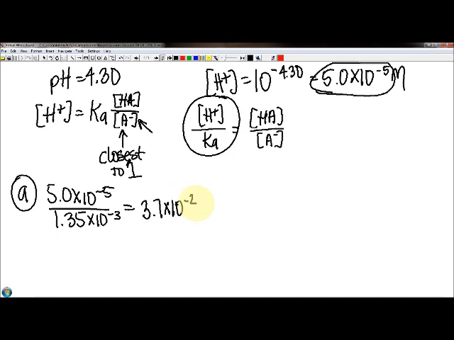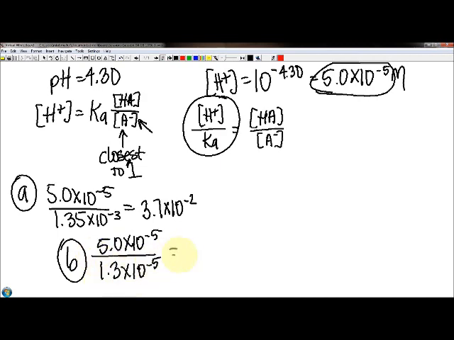So less than 1. For B, we'll still have our 5.0 times 10 to the negative 5 for the concentration of our H plus, but now we have 1.3 times 10 to the negative 5 in the denominator, and that is equal to 3.8, bigger than 1.